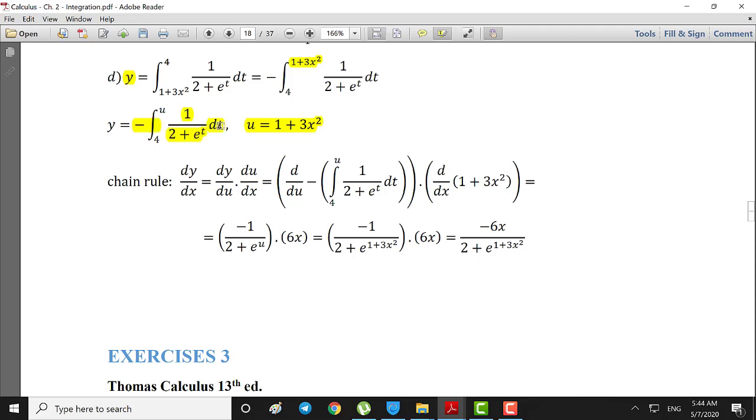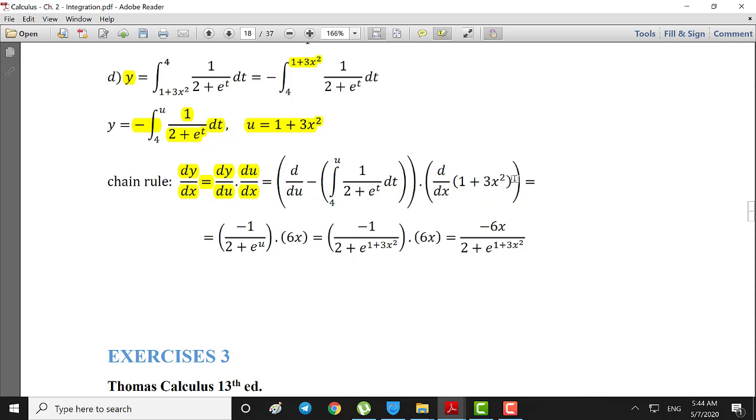Now, just like the previous example, dy over dx is equal to dy over du times du over dx, and dy over du is equal to d over du of y, which is minus that integral, right? And du over dx is equal to d over dx of u, which is 1 plus 3x².